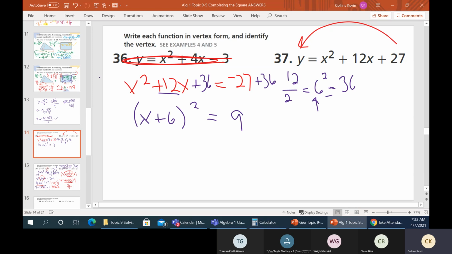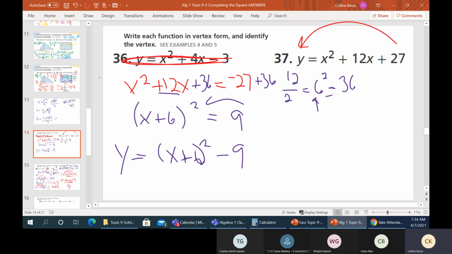So now all we have to do to finish this up is we'll say y equals x plus 6 squared, right? And then we just move the 9 back over to this side, so it's minus 9. So that's vertex form. Some version of x plus or minus a number squared, and then we have the other number just tacked on.